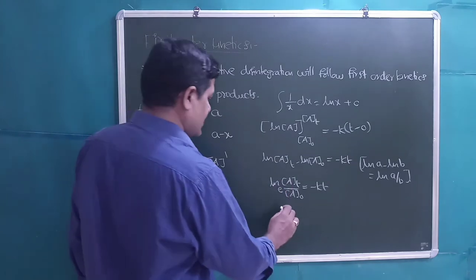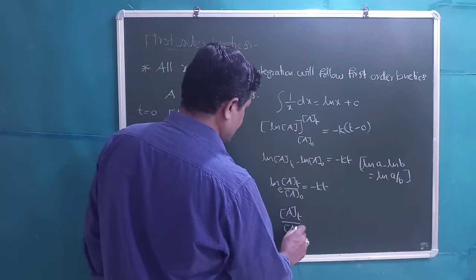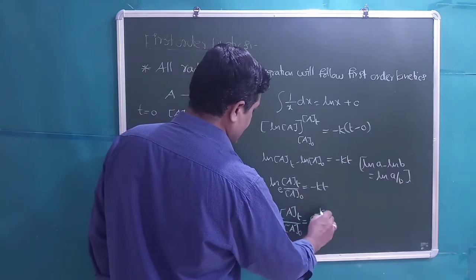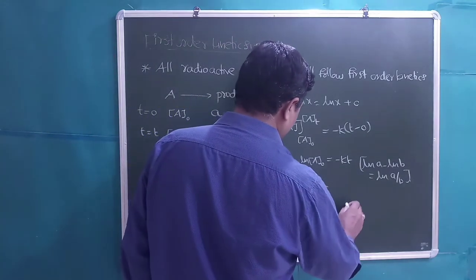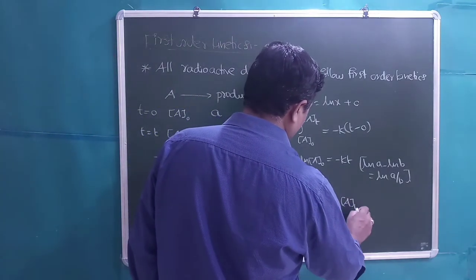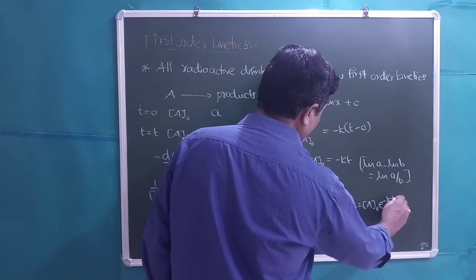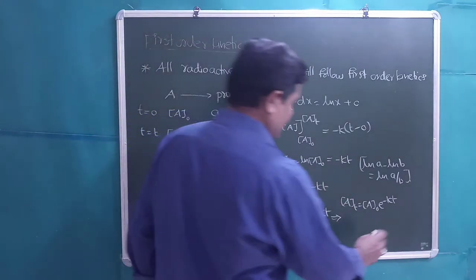So from this, we can write At by A0 is equal to e power minus Kt. Then this implies At is equal to A0 into e power minus Kt, which is known as the exponential form of the first order reaction.